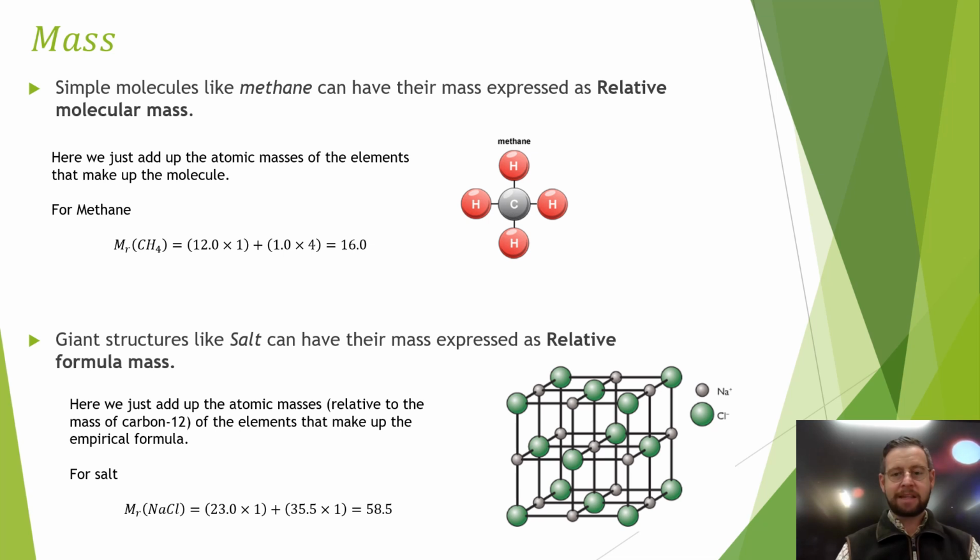Sometimes they float around in their particle as a molecule. And so rather than using the relative atomic mass, we'd use the relative molecular mass. And this is a different symbol, but it's fundamentally the same. It's capital M subscript R, and then in brackets the chemical that you're talking about. And simply, it is the sum of the relative atomic masses of everything that is involved in that molecule.